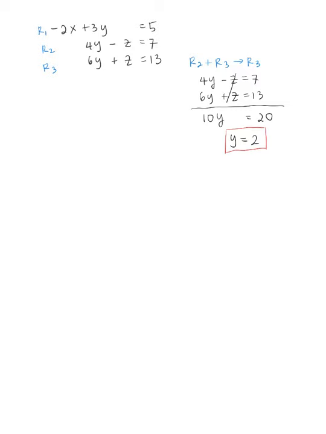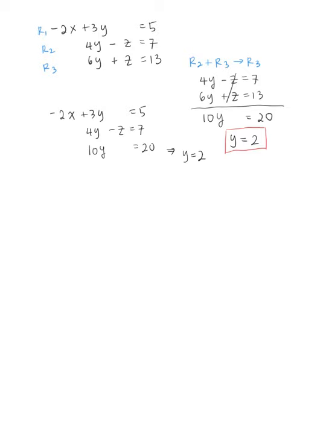Now you don't necessarily need to rewrite the system again, but just to keep it the same way as I did in example 2, let me just rewrite it as negative 2x plus 3y equals 5. And then you're going to have 4y minus z equals 7. And now you're going to have 10y equals 20. And from here, we know that y is 2.